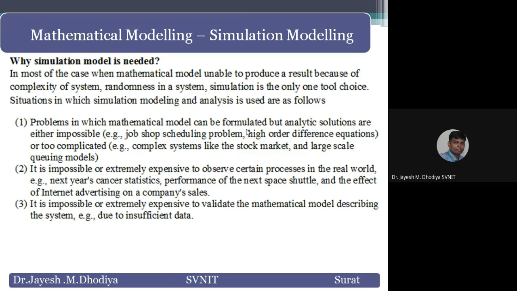Second, a situation arises where it is impossible or extremely expensive to observe a certain process in the real world. Sometimes it is very difficult to observe a certain process, and then we can apply a simulation process.